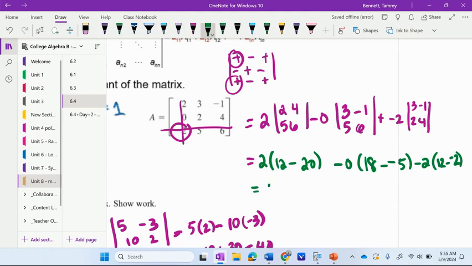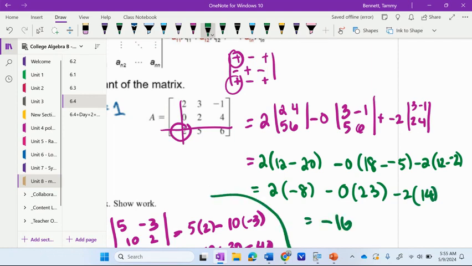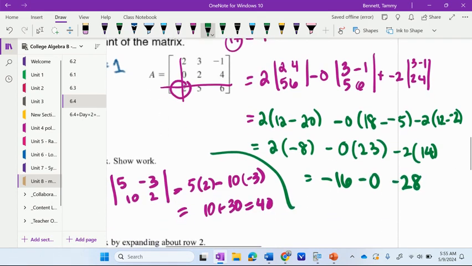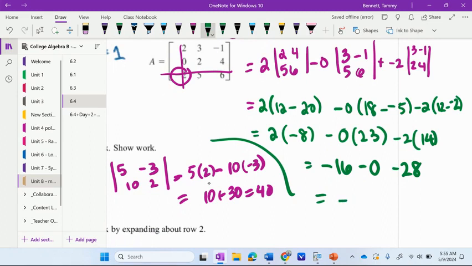Finish this out, so this is 2 times 12 minus 20 is negative 8, minus 0 times anything is still 0. So 0 times 23, we'll just write it down. Minus 2 times 12 minus negative 2 is 14. So finish this. It's going to be negative 16 minus 0 minus 28. So final answer ends up being negative 44.